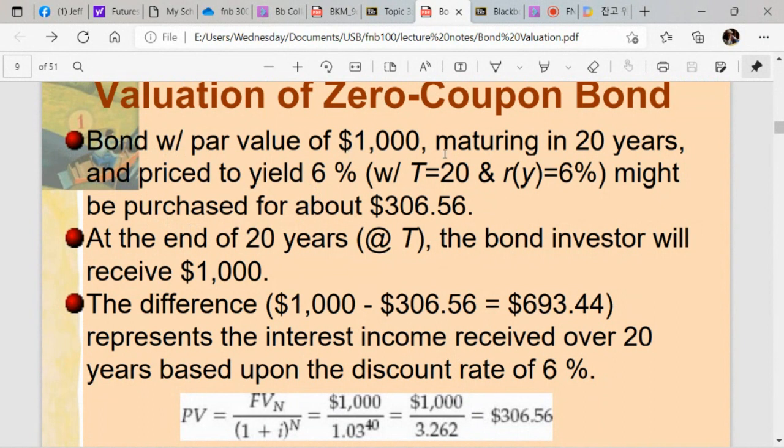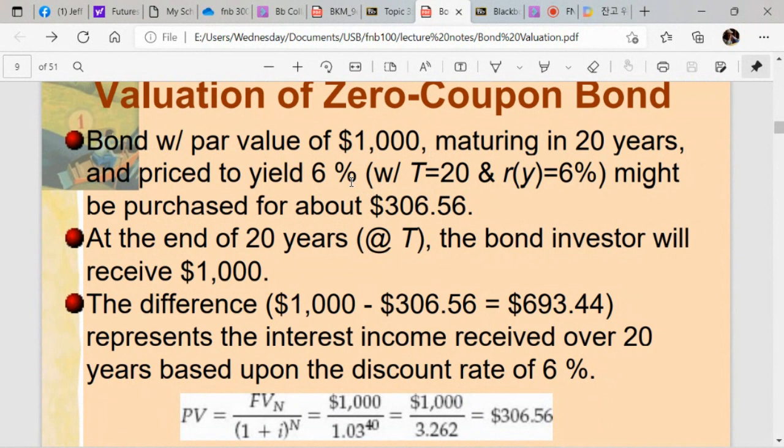A bond with a par value of 1,000 maturing in 20 years and priced to yield 6%. Now, priced to yield 6%, remember this. This is the way it is worded. They don't tell you straightforwardly to use this as the discount rate.